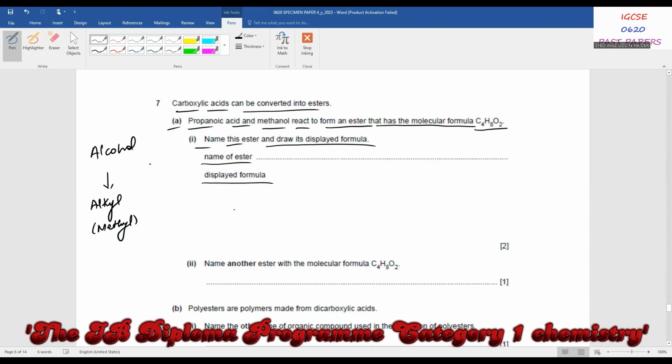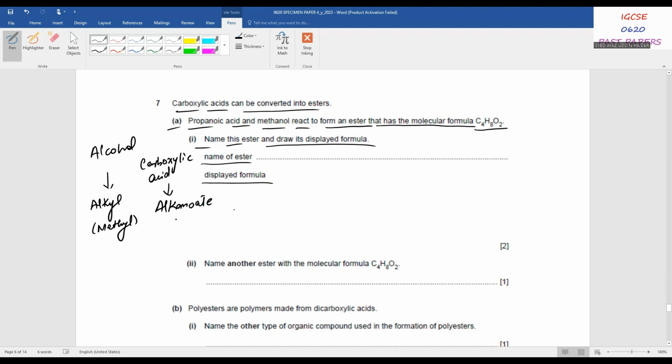From the carboxylic acid, you will get alkanoate. So from propanoic acid, you will get propanoate. The name of the ester will be methyl propanoate.